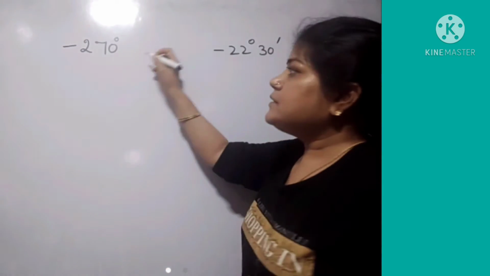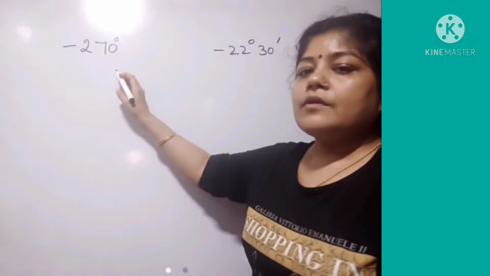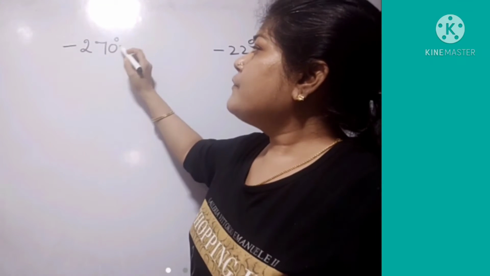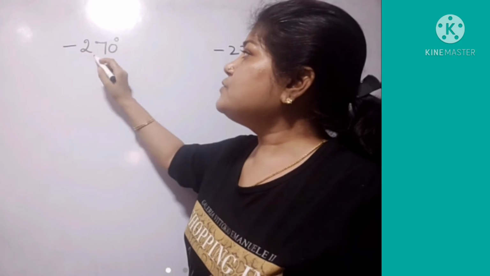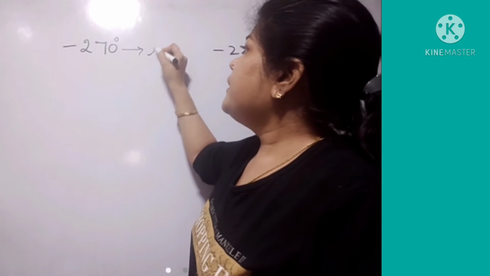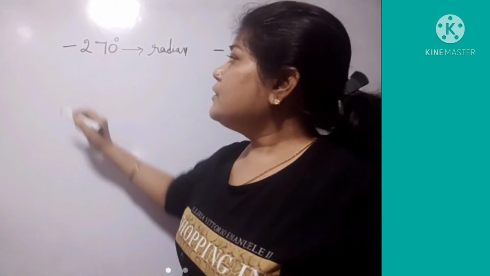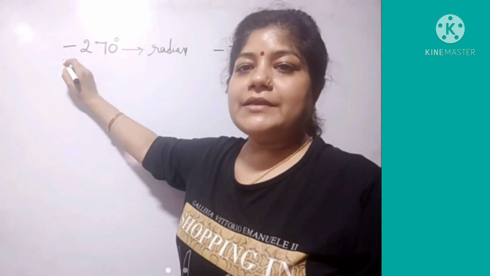Now there are some more topics which you may come across and get confused. For example, we have to convert minus 270 degree into radians. Then how will you do that? Don't be confused with the minus sign.